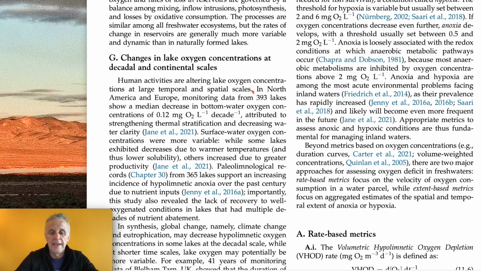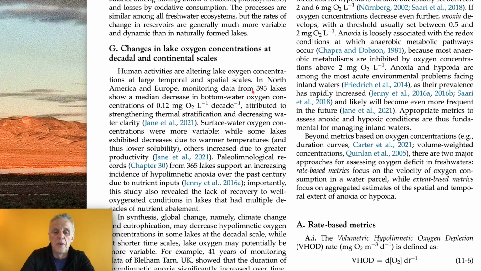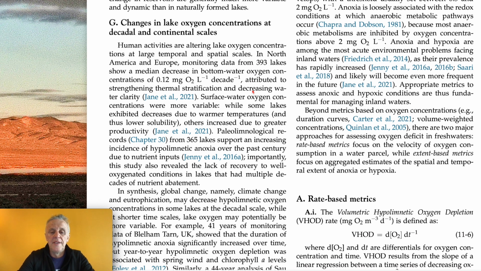Changes in lake oxygen concentration at decadal and continental scales. Human activities are altering oxygen concentrations at large temporal and spatial scales. In North America and Europe, monitoring data from 393 lakes show a median decrease in bottom water oxygen concentration of 0.12 milligrams of oxygen per liter per decade, attributed to strengthening thermal stratification and decreasing water quality. Surface water oxygen concentrations were more variable, while some lakes exhibited decreases due to warmer temperatures, others increased due to greater productivity.